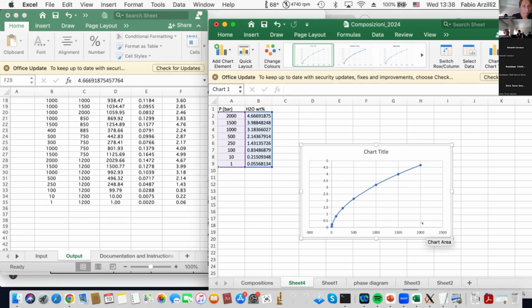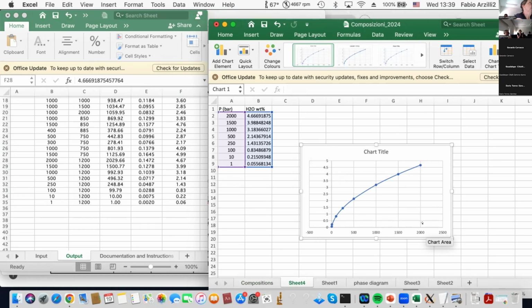Since MELTS also calculates crystallization, in this case I put 1200 degrees Celsius in order to consider just the liquid melt. With MELTS, if you start to play with temperature, crystallization will occur and your melt will change. So therefore the solubility will change because your melt changes.